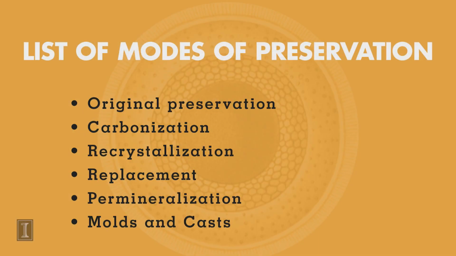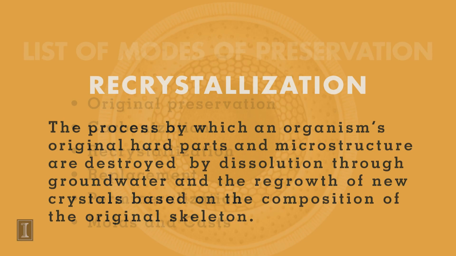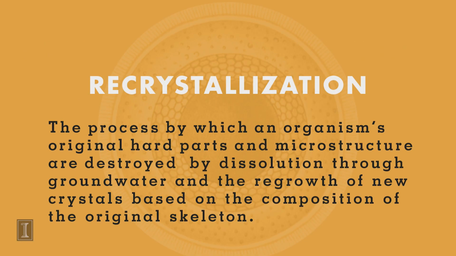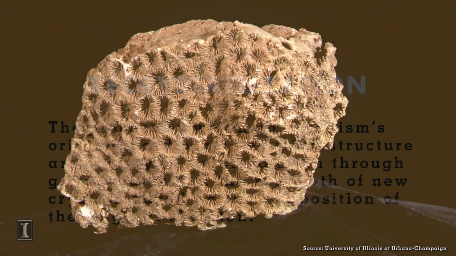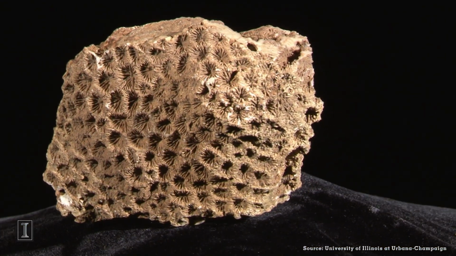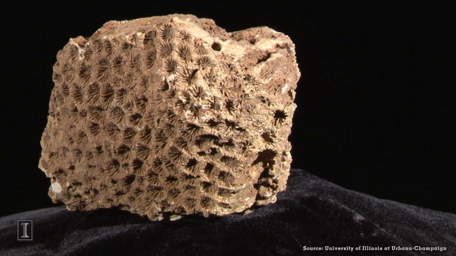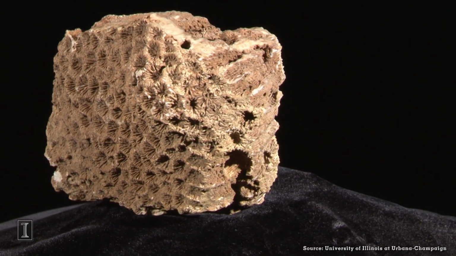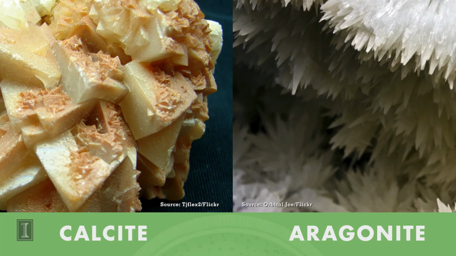The third one is called recrystallization. And the tricky part about recrystallization is that you actually have to have a little bit of knowledge about what the original composition of that organism was. So, for example, we have a coral, and you might say, as a savvy scientist, well, I know that corals are made of calcium carbonate, and that can form into two different minerals, aragonite and calcite, for example.